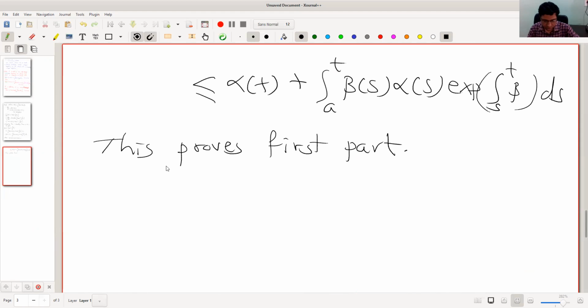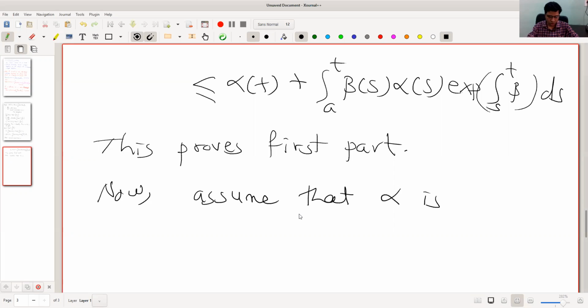Let us prove second part. Here we have to assume alpha is non-decreasing. Now assume that alpha is non-decreasing.